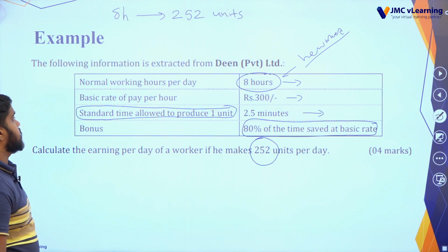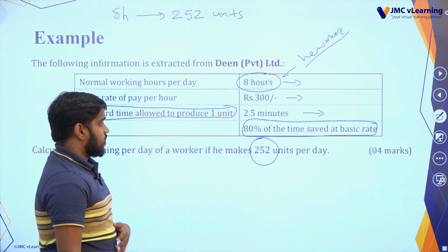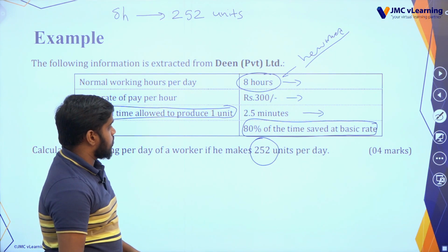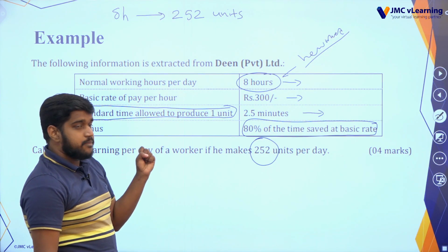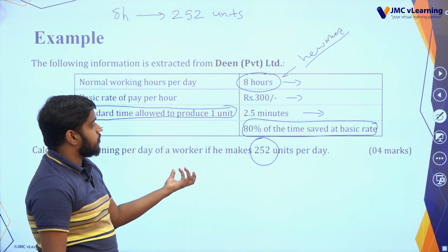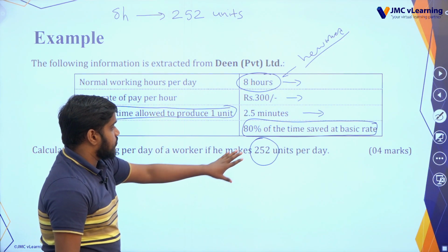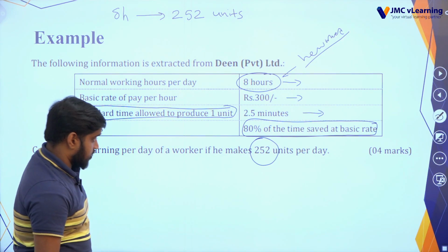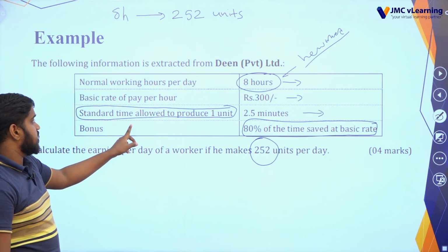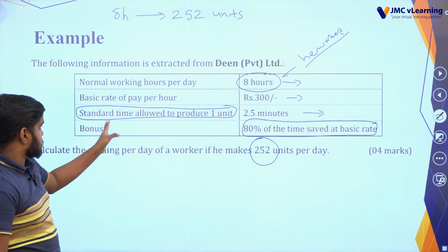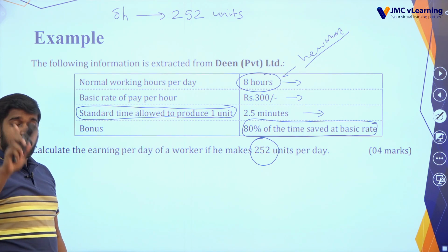For that purpose, first we need to identify the time that employee actually spent for these 250 units. As per the time allocation, the standard time allowed to produce 1 unit is 2.5 minutes.